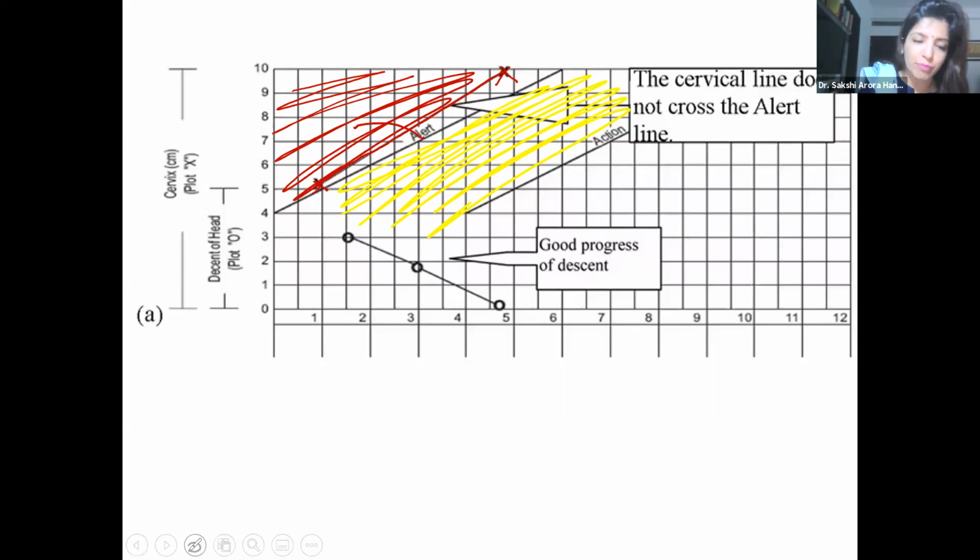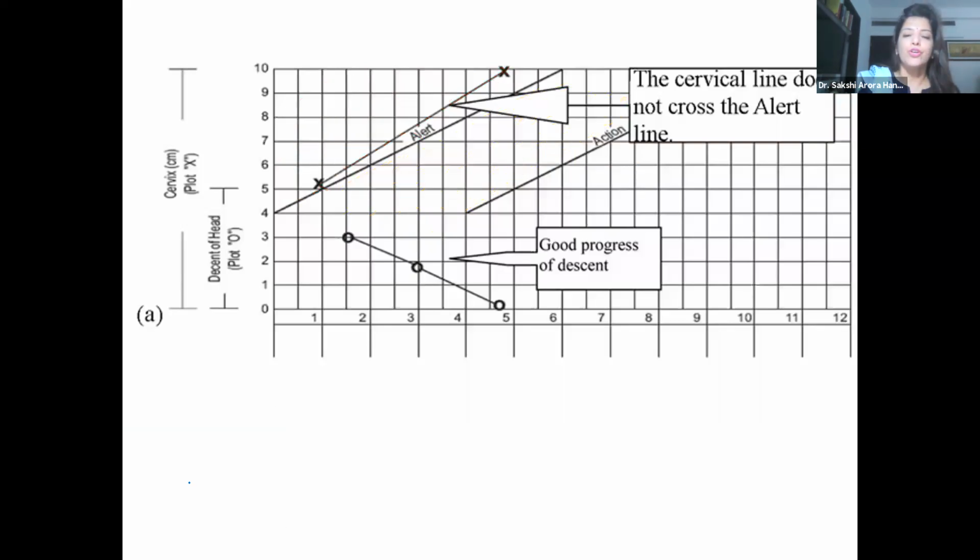And the moment the progress of your patient crosses the action line and lies to the right of action line, now this means some action has to be taken depending upon the diagnosis, right? So in this partogram over here, you can see that the patient's progress is lying to the left of alert line. It has not crossed the alert line. That means this patient's progress is normal. This is not the original partogram. This is just to explain you that I'm showing you this partogram, right?